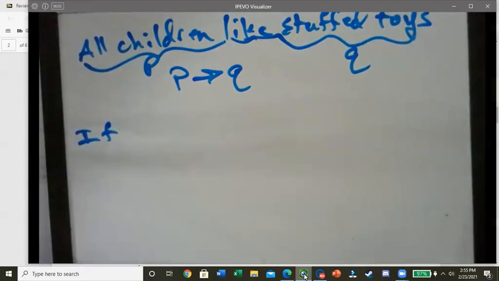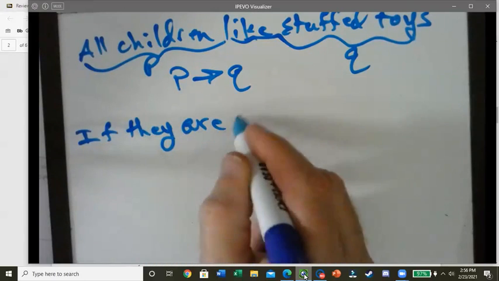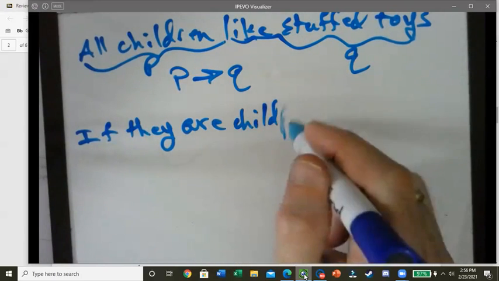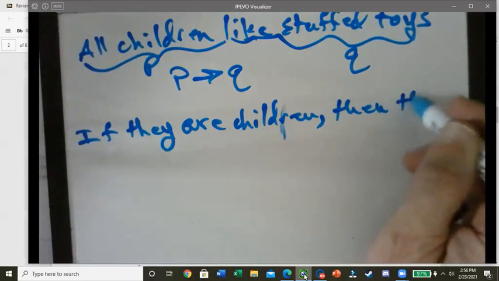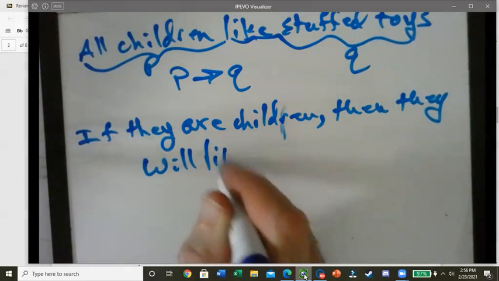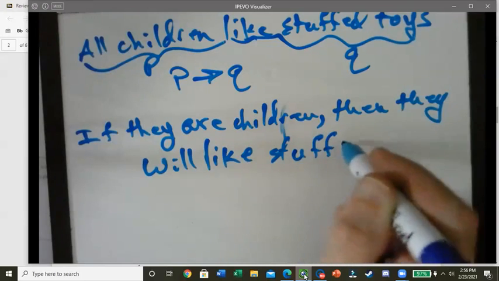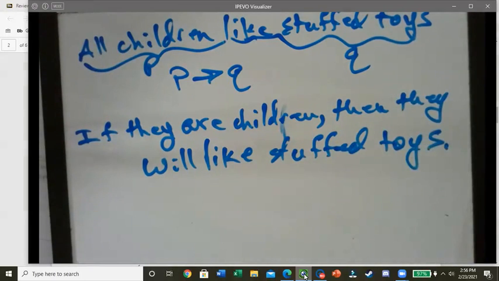If they are children, comma, then they will like stuffed toys. Okay, so that's our if-then. We've changed all children like stuffed toys to if they are children, then they will like stuffed toys.